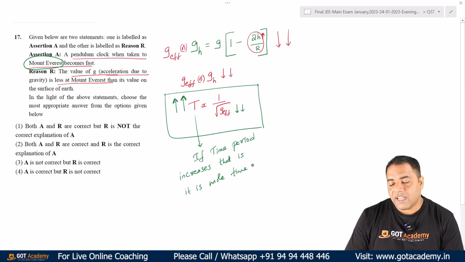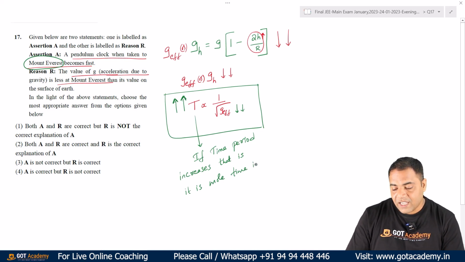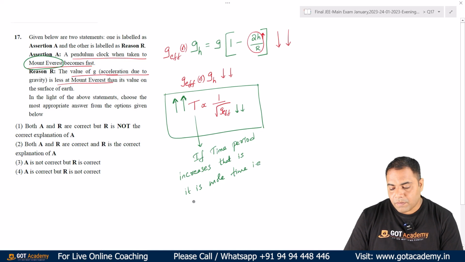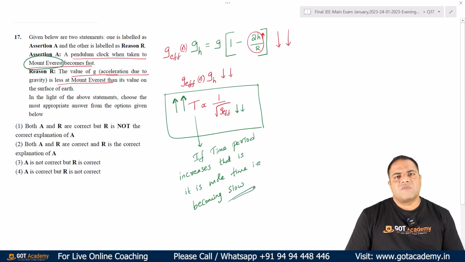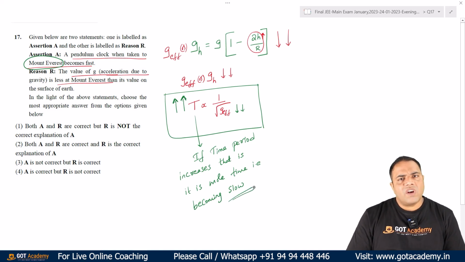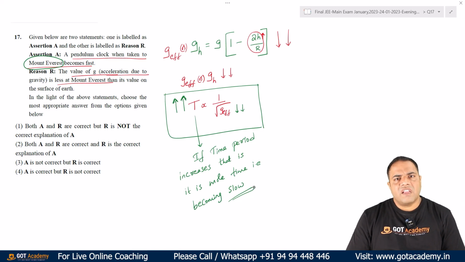Okay, it is taking more time, that is becoming slow. It is taking more time now. For the same work, it is taking more time. It means it is not rotating fastly. It is going slowly.